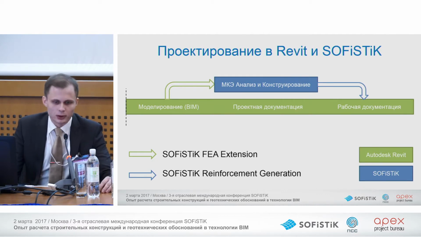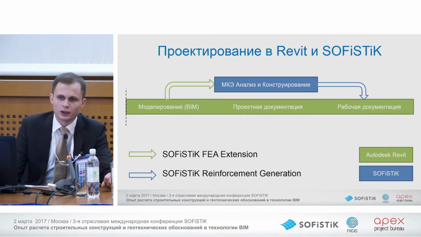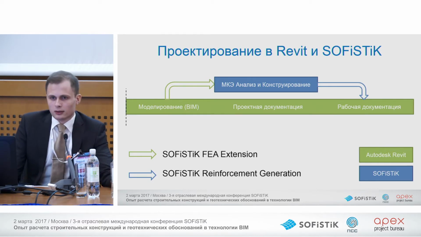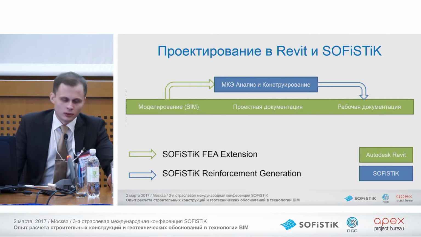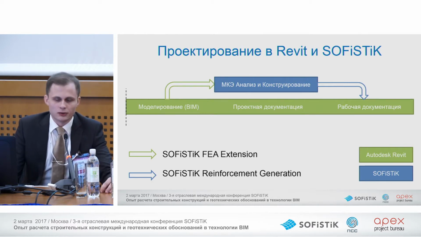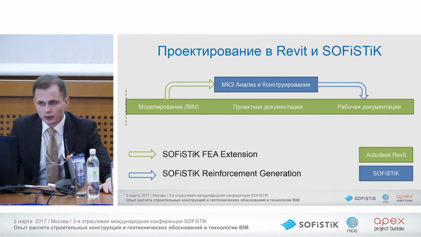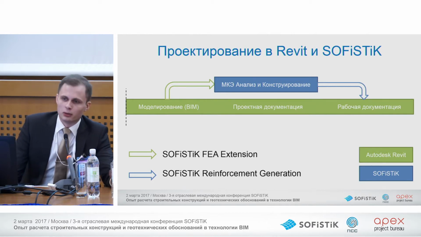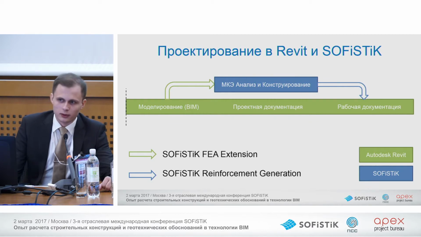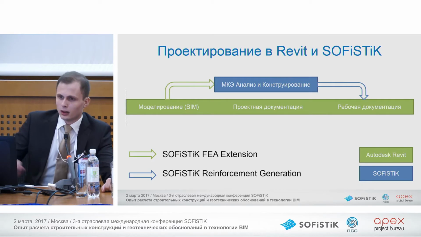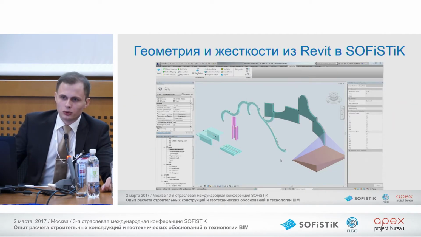Revit, SOFiSTIK, and the whole range of products of SOFiSTIK tools, development in Revit, develop extension in SOFiSTIK, you can analyze, you can design, and then give it back to Revit. We have appropriate plugins, SOFiSTIK FEA extension and SOFiSTIK reinforcement generation. The first for export, the second one for import.